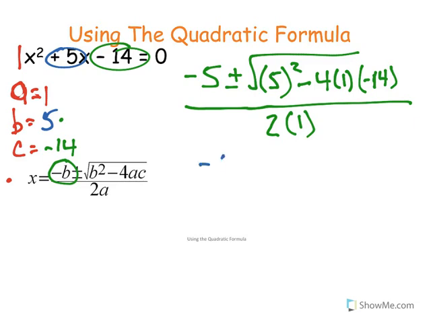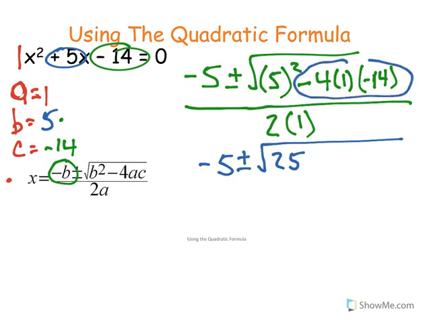So let's see what this looks like. I'm going to bring down my negative 5, plus or minus. 5 squared is 25. Now, again, guys, I'm doing this entire multiplication in one shot. Negative 4 times 1 is negative 4, times negative 14 is positive 56. So again, you should only have two terms in your radical.